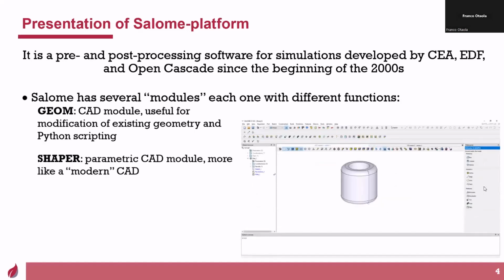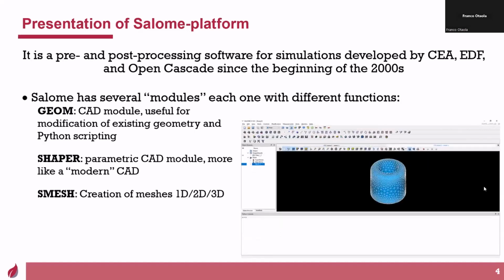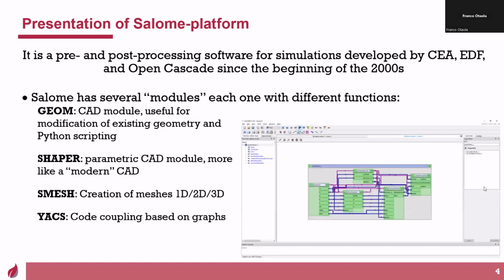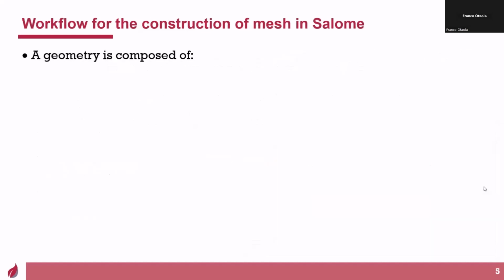Shaper, a parametric CAD modeler, like common modelers we use today such as Onshape and Fusion 360. Smesh, to mesh the geometries. And Yacs, which helps us automate different processes. And there are more than 12 other modules.